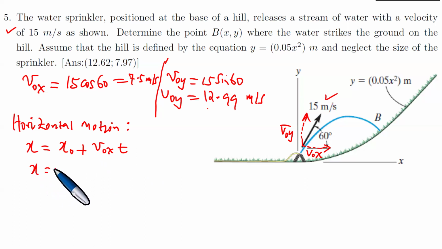But obviously, if we say it starts at the origin, so that we have 0 there in the beginning, and then simultaneously we have the v0x, which is 7.5t, this means that x is 7.5 multiplied by the time.